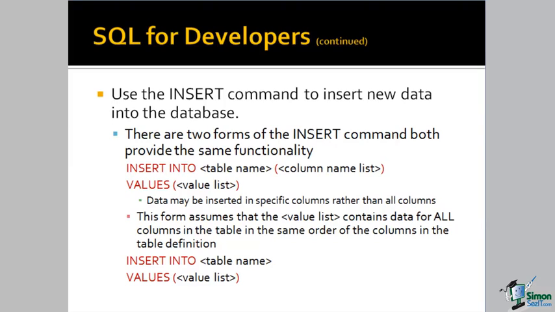The short form insert into command assumes that the list of values provided contains a value for every column in the table, so that there is a one-to-one relationship for each of the insertable columns in the table for each of the values in the value list, and that the values are in the same order as the columns are in the table.